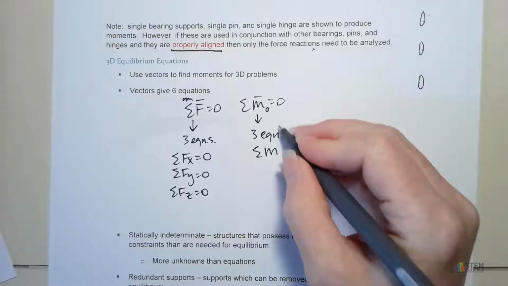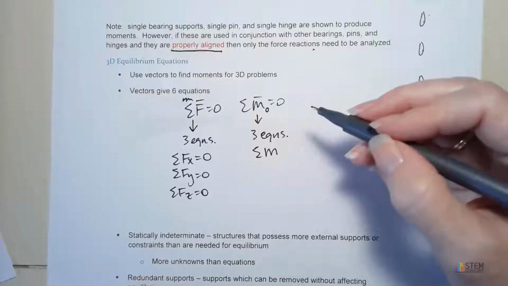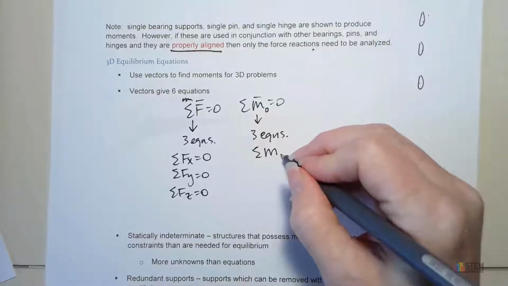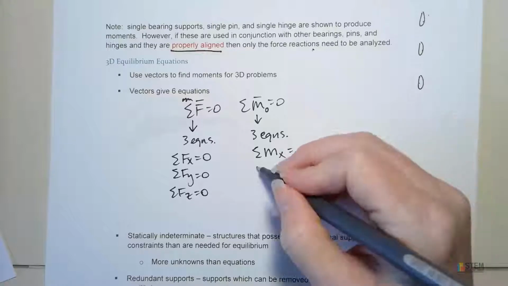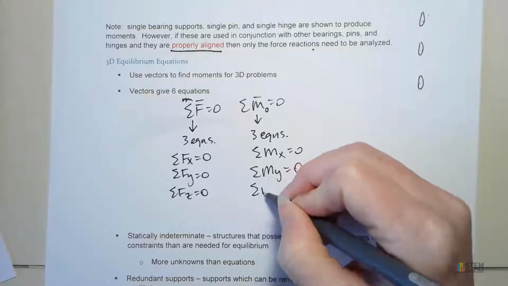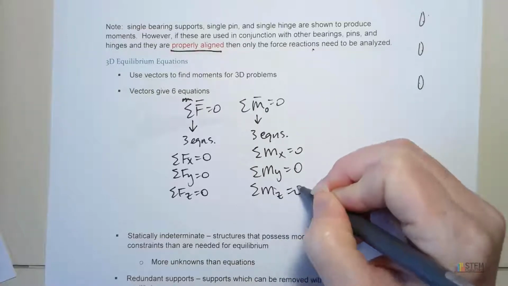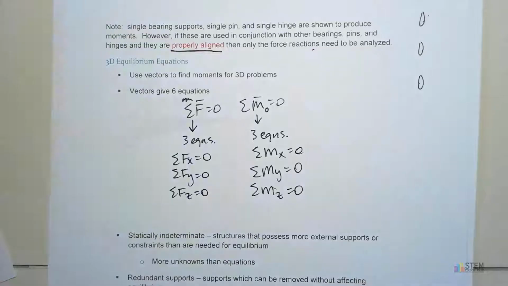And now for the moment equation. When you do the vector formulation of the moments, you get the moment about each of the axes. So you're going to get your sum of the moments about the x-axis, that'll be 0. Sum of the moments about the y-axis is 0. Finally, sum of the moments about the z-axis will be 0. That gives you a total of 6 equations that you can go through and solve.